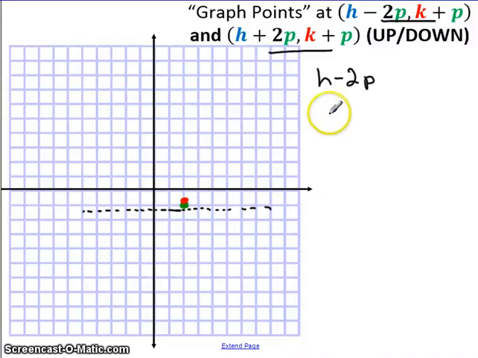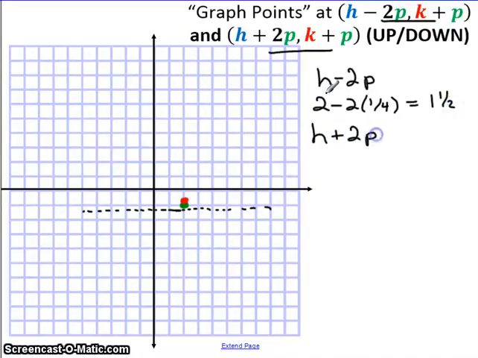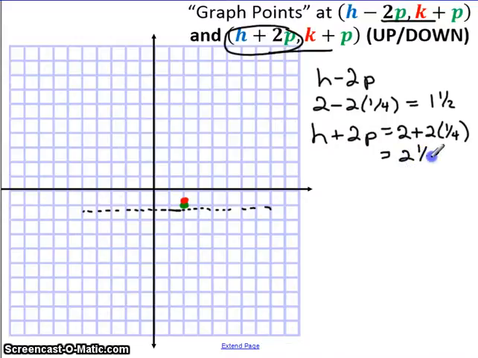We have h was 2, and we're going to subtract off 2 times 1/4. 2 times 1/4 is 1/2, so this is going to be 1 and 1/2. H plus 2p, for this one here, is going to be 2 plus 2 times 1/4, which is 2 1/2.